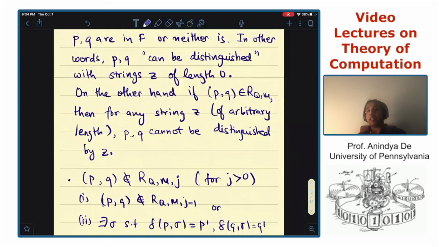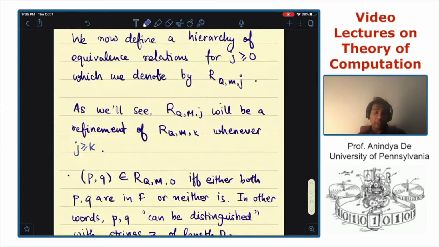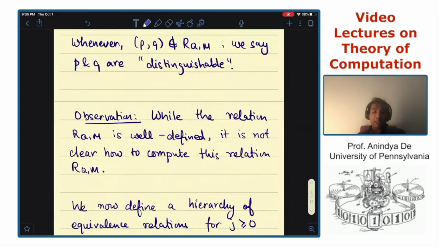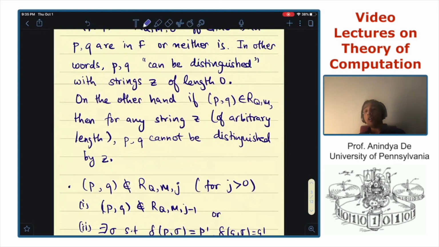Now that we have seen the definition of R_{Q,M,0}, let me mention why our choice of nomenclature. Observe that when you say P, Q is in R_{Q,M}, the equivalence relation we defined here, it means no matter how long a string you choose, P and Q cannot be distinguished.